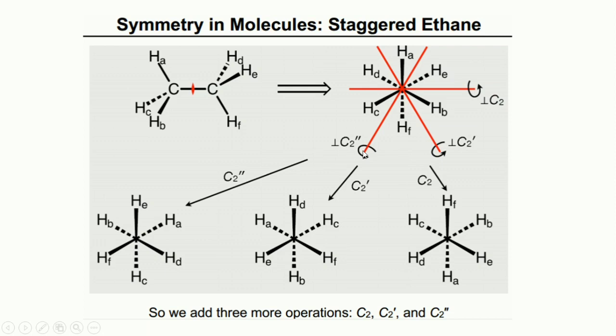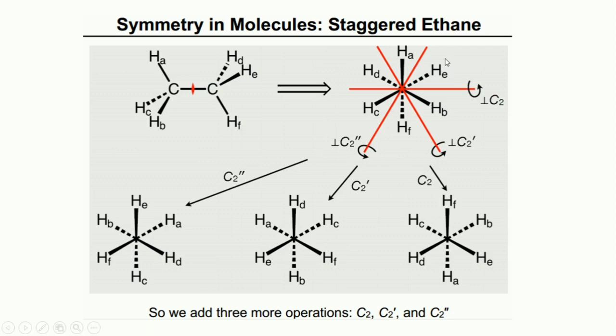So now we need to study what will be the effect of C2, C2 dash and C2 double dash on the staggered ethane. So the first is the C2. If we apply the C2, what will happen? You can see there are two types of bonding that are showing, the solid one and the dotted one.